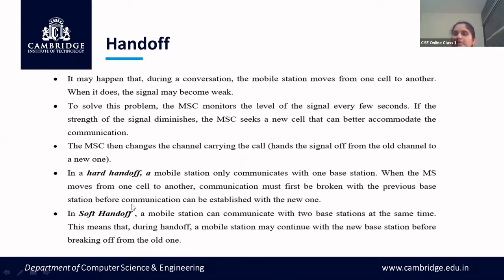Once it finds that the next base station provides a good intensity or good channel with less noise, it can no longer support the previous one and comes out from that base station, breaking off the old connection. This is called soft handoff.